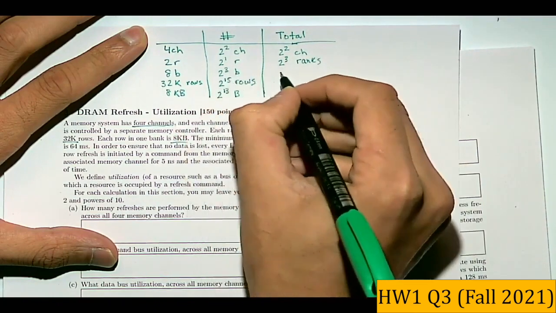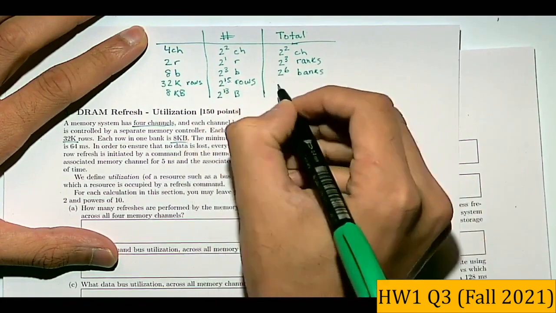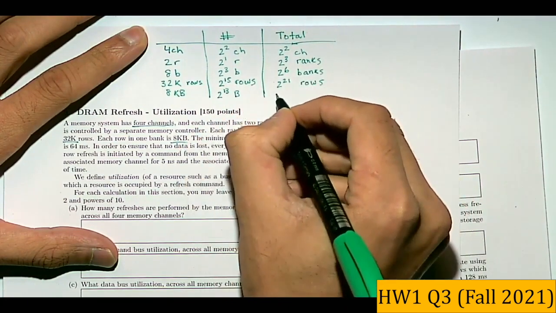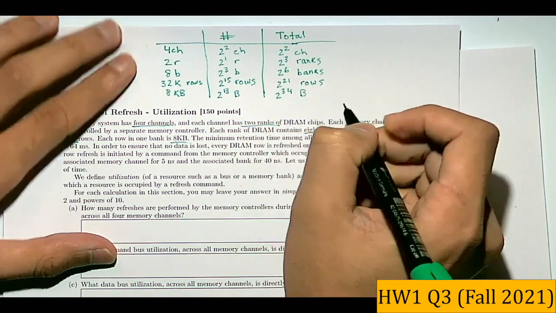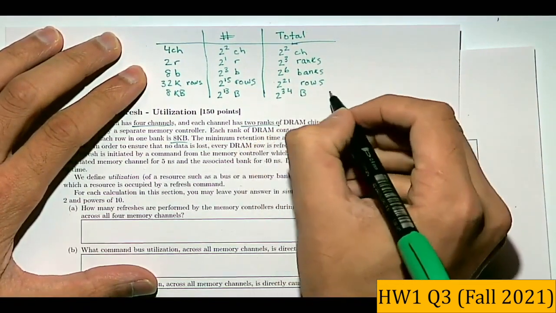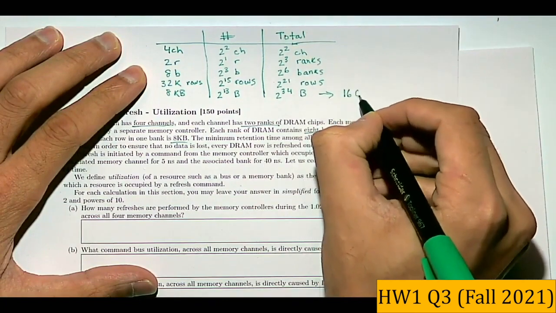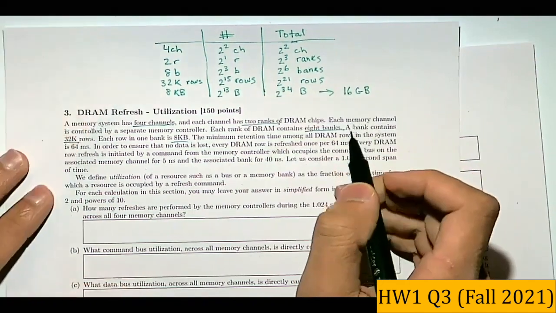And then 3 plus 3, 2 to the 6 banks, and then 6 plus 15, so 2 to the 21 rows, and then 13 plus 21, so that's 2 to the 34 bytes in the entire system. So 2 to the 34 is 16 gigabytes. That's how large our system is, and this is the system we're dealing with.